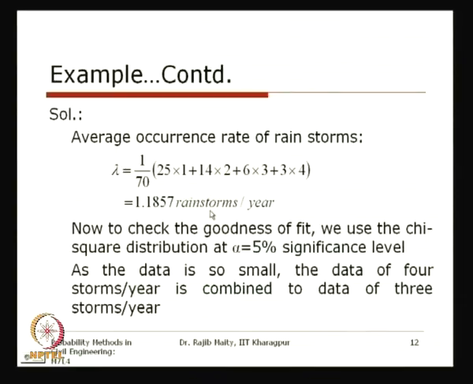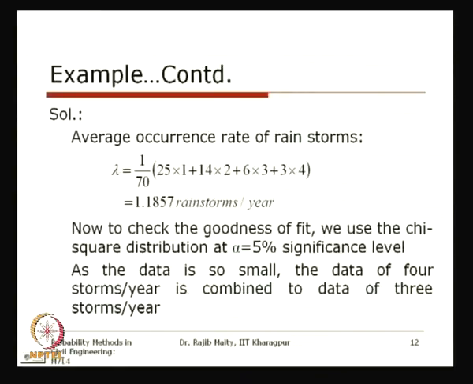So lambda here is 1.1857, and in lambda t, the t is here per year. So in 1 year, this is how many rainstorms have occurred. Now remember that we have estimated this from the data itself. It was not supplied.